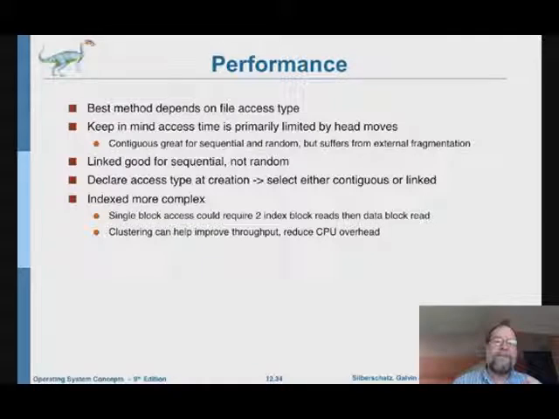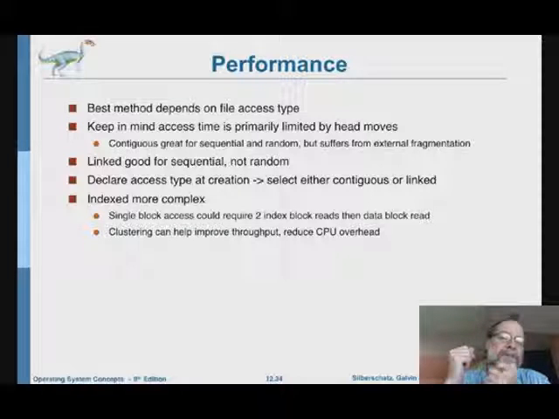So in that case, contiguous allocation might not be good. If overall performance, speed, is the thing that matters most to you, then contiguous allocation is the way to go, because it provides the best sequential and random access. And again, the thing we're primarily measuring here is the number of head moves. So contiguous allocation will give you the fewest head moves to do either sequential or random access. Link schemes are okay for sequential access.